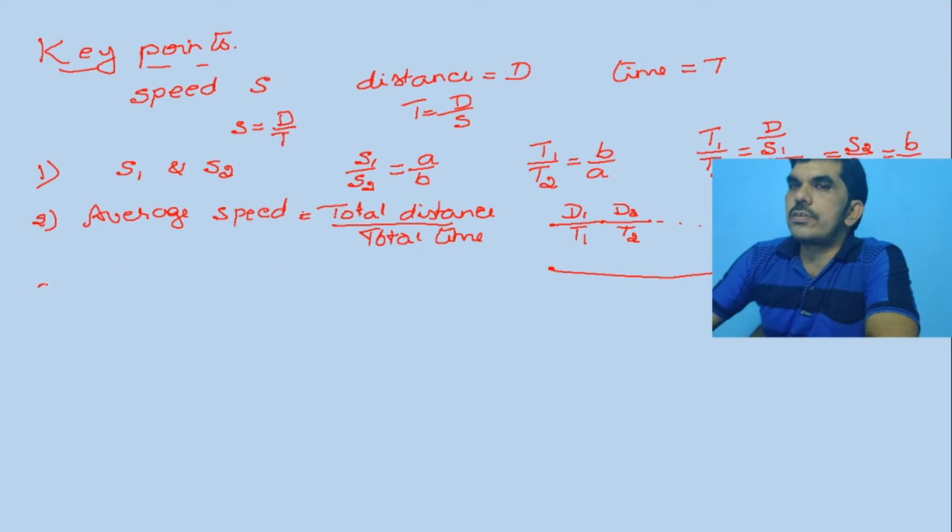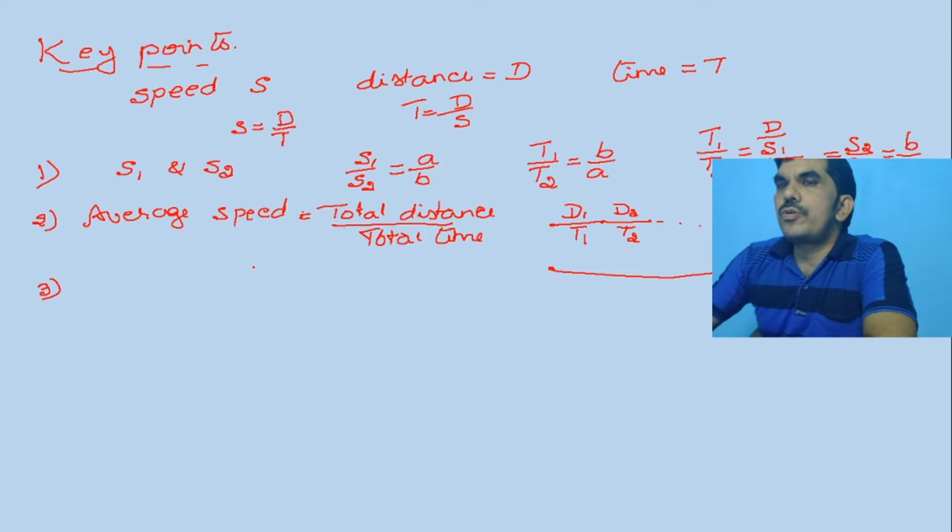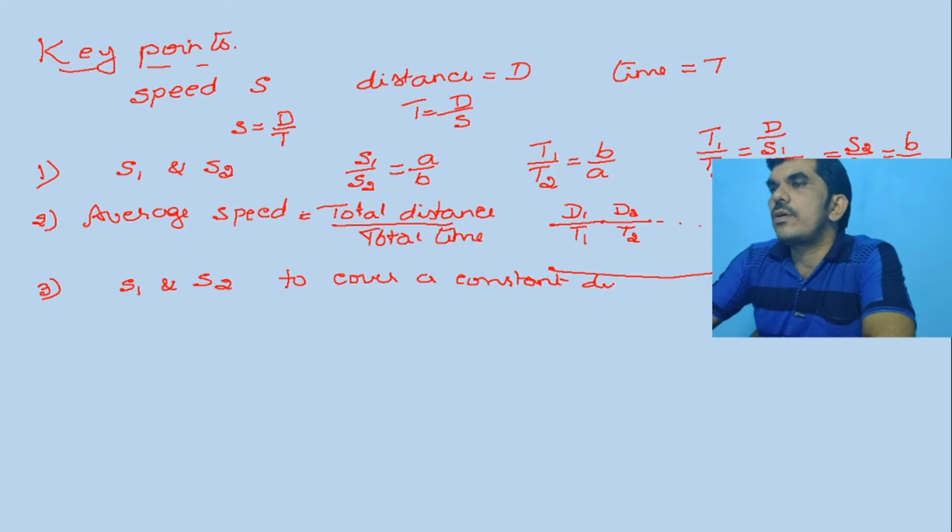Now next, third point. Suppose two objects are moving at speeds s1 and s2 to cover a constant distance.